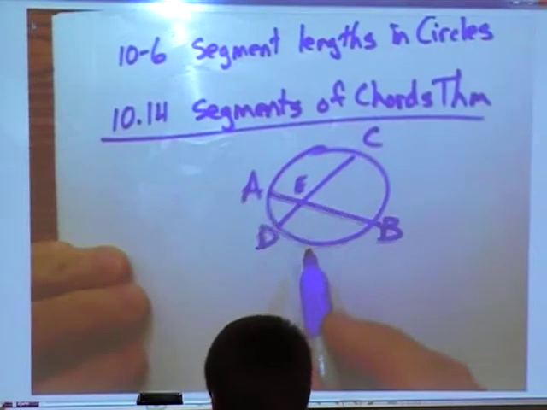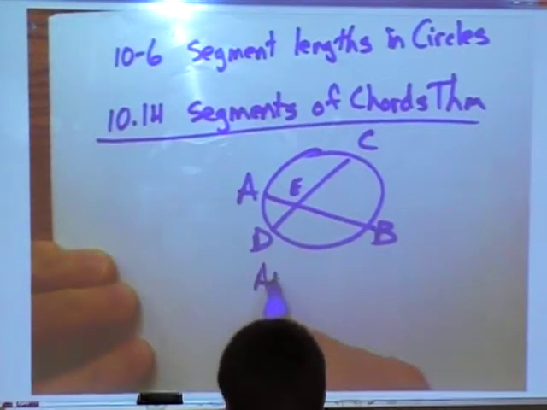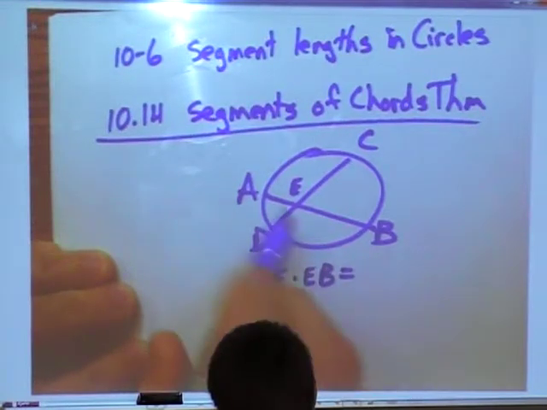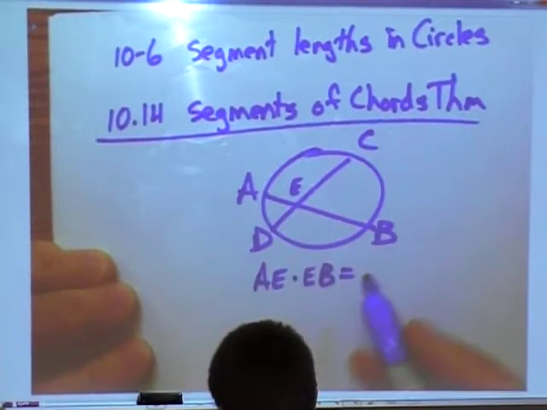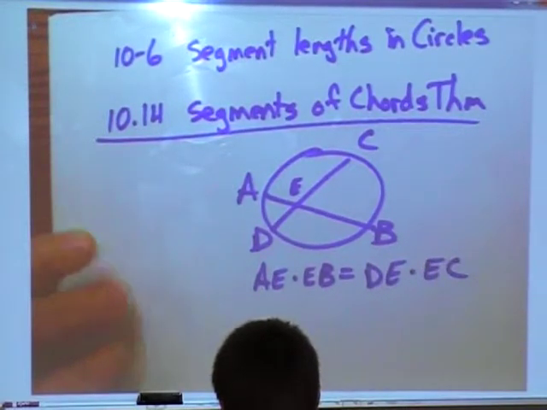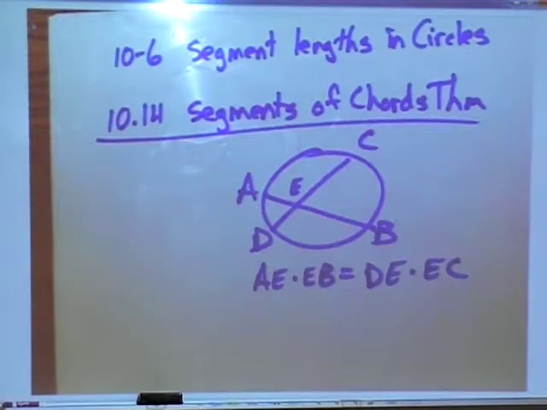So what we're saying here is AE times EB, of course that's that first chord there, is equal to DE times EC. So each individual segment that makes up a chord, you multiply that together, it equals the product of the other segments.